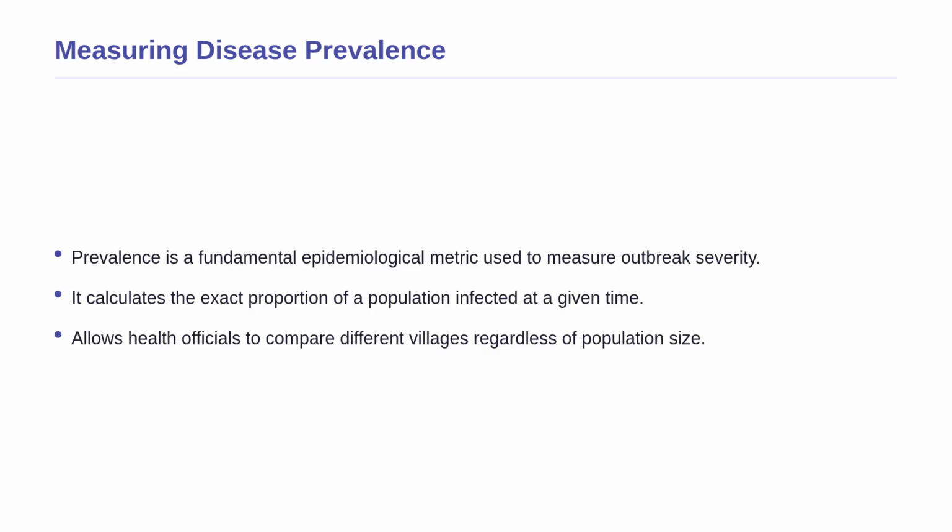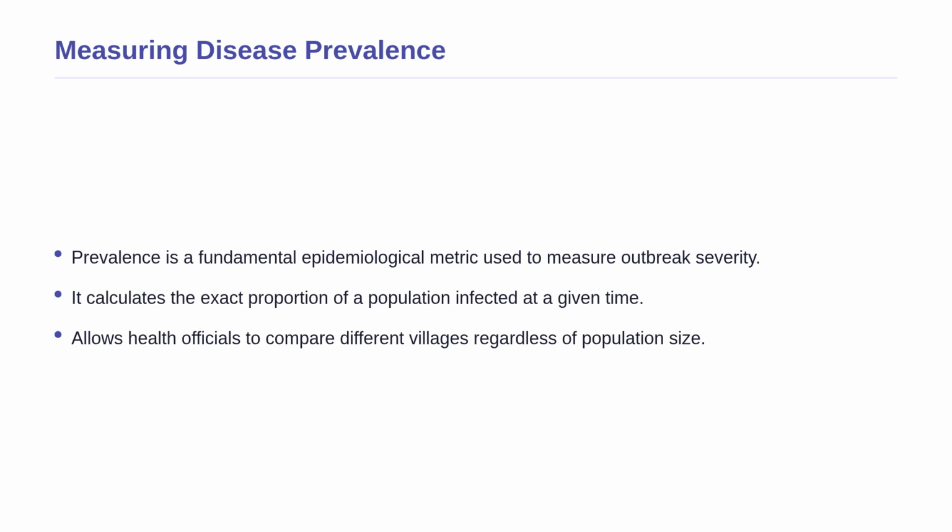That staggering daily egg output explains why outbreaks happen, which leads us to how we measure the scale of those outbreaks. When a community is exposed to such high environmental contamination, health officials must determine how widespread the infection has become. They do this by calculating the disease prevalence rate.